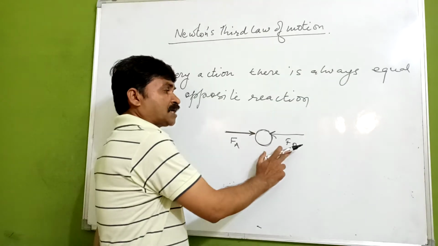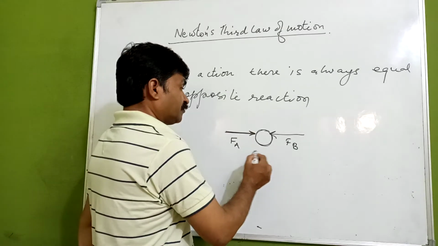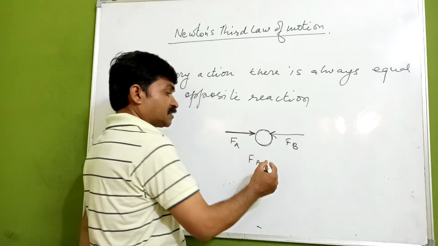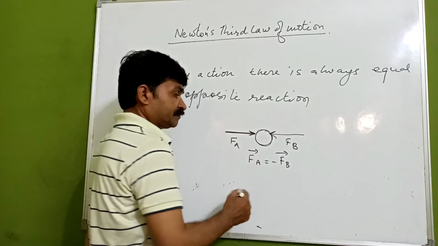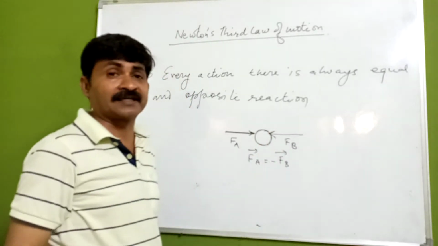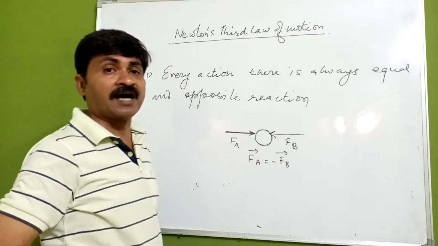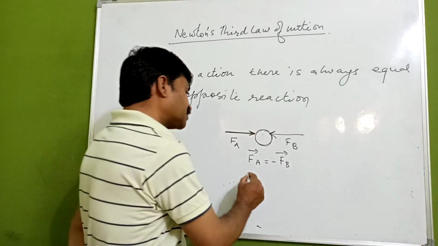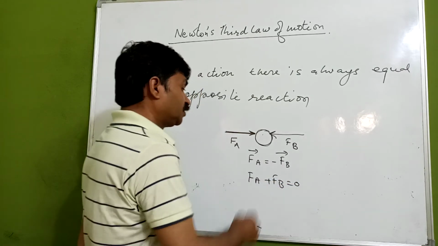If these two forces are equal, but one force is acting in this direction and another force is acting in the opposite direction, so both are equal in magnitude but opposite to each other, so it is balancing. And we can say that FA plus FB is going to be equal to 0.